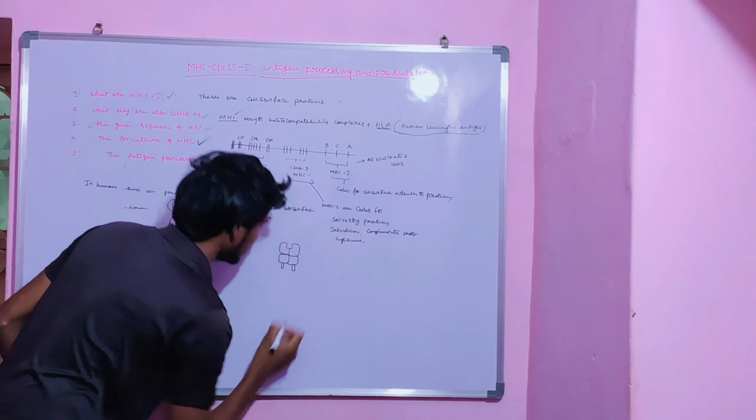This is the portion TAP 1, and this is TAP 2. These proteins are acting like chaperones. Chaperone means that which protects the MHC molecule so it doesn't undergo degradation.